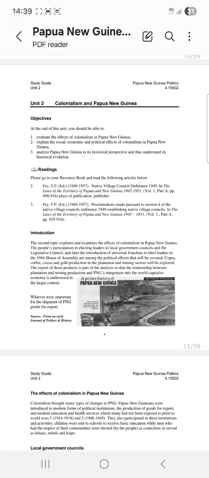You are going to explain social, political, and economic effects, and you are going to evaluate generally the effects of colonialism in Papua New Guinea overall.